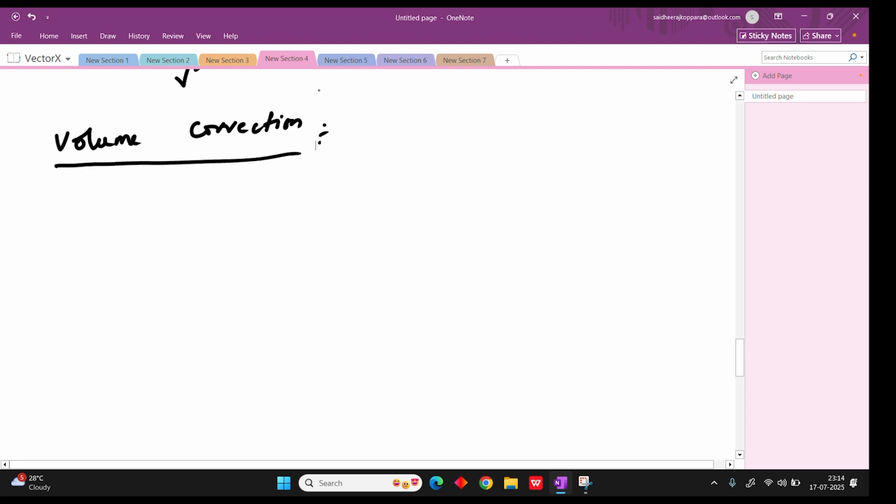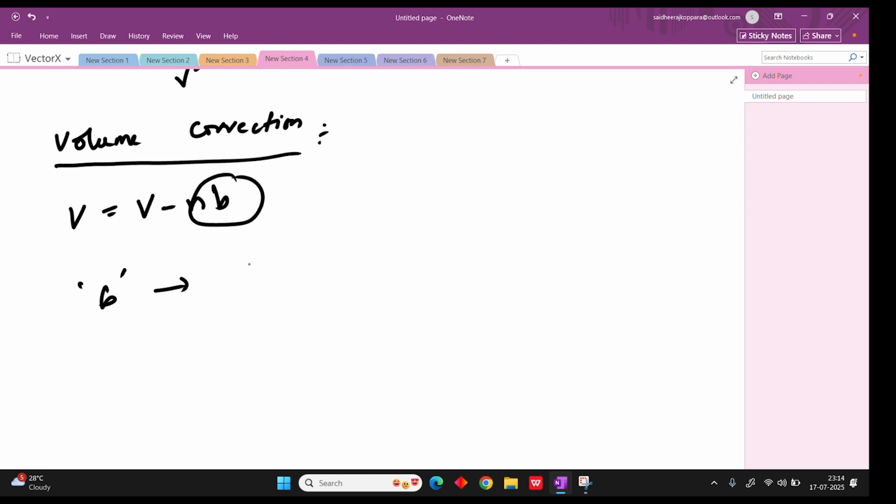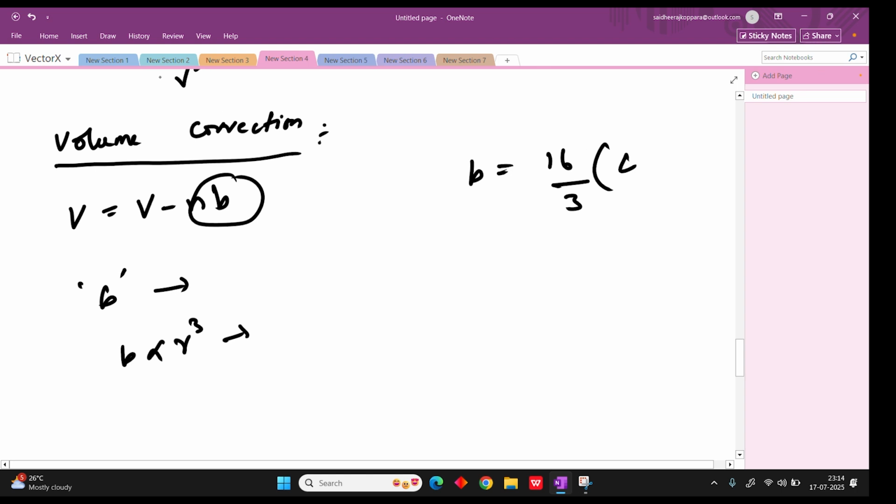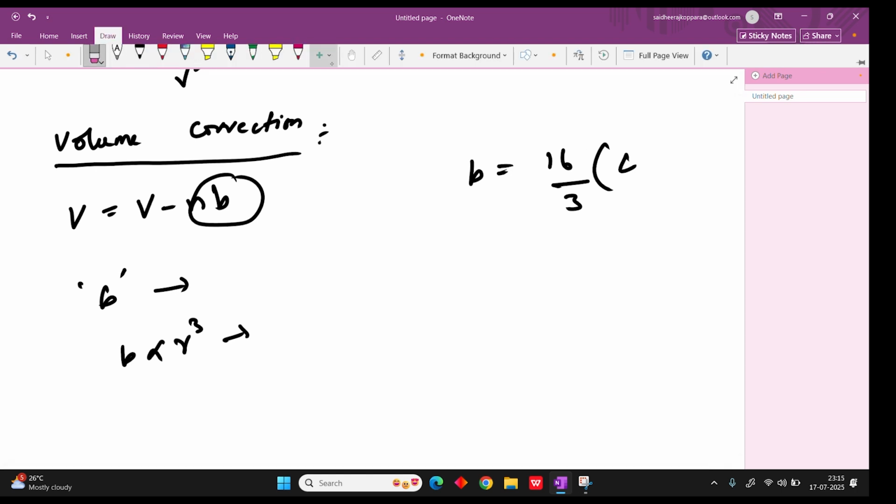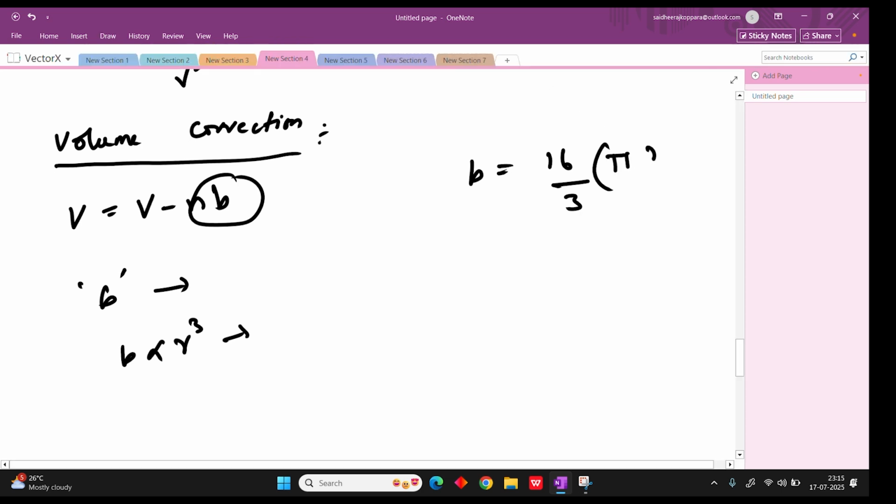Then coming to your volume correction, here he gave that volume correction is V minus nB, where B is again the van der Waals constant and its value is always proportional to r cube, where r is the radius, and for 1 mole it equals 16/3 times pi r cube times Na, where Na is your Avogadro number.